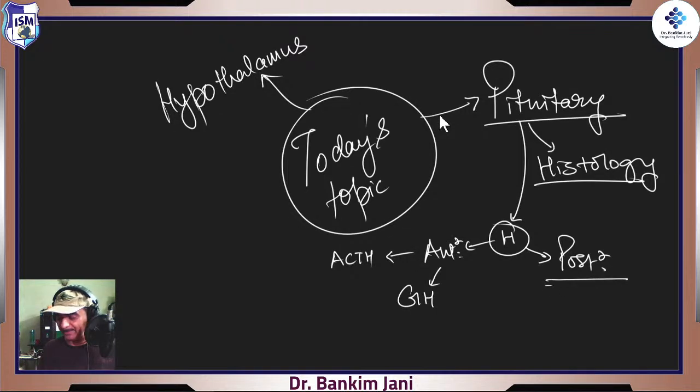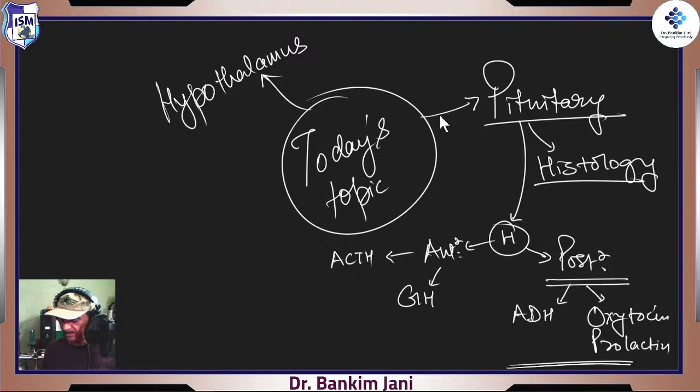In the posterior pituitary there are another two important hormones, like ADH and oxytocin, and even prolactin. They are also equally important. No worries at all, that portion we can take tomorrow. Let's see how much we progress, and then accordingly we'll see.